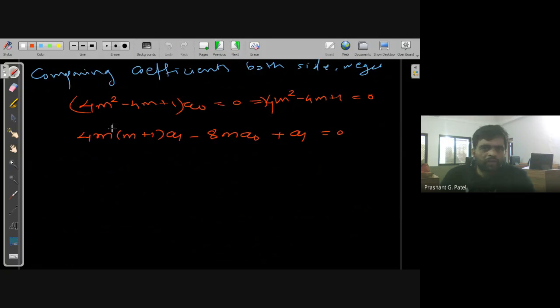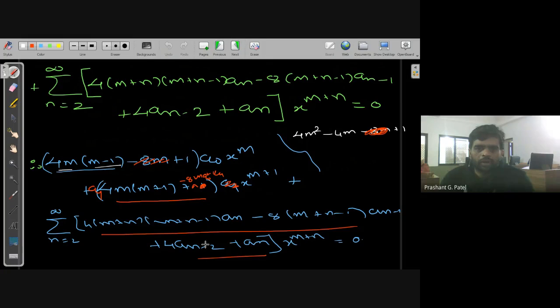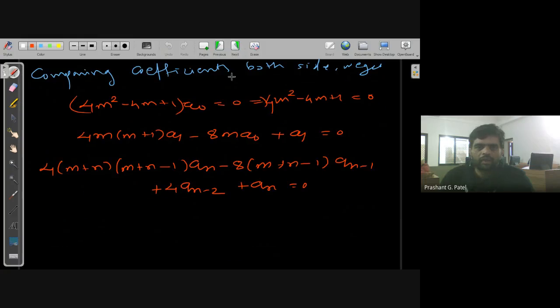So that's why we can have 4 into m plus n minus 1 an minus 8 m plus n minus 1 into an minus 1 plus 4 an minus 2 plus an equal to 0. That you can have here.